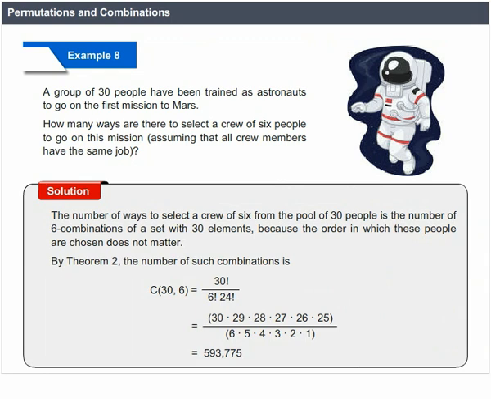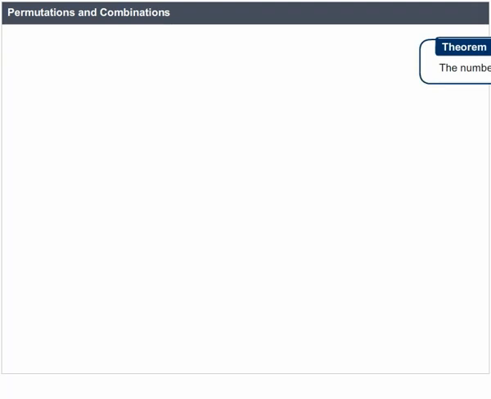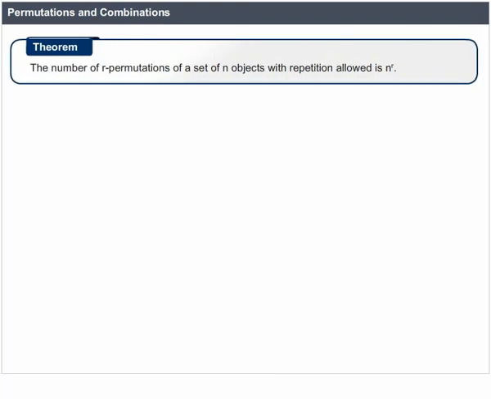By Theorem 2, the number of such combinations is C(30,6) = 30!/(6! × 24!) = (30 × 29 × 28 × 27 × 26 × 25)/(6 × 5 × 4 × 3 × 2 × 1) = 593,775.